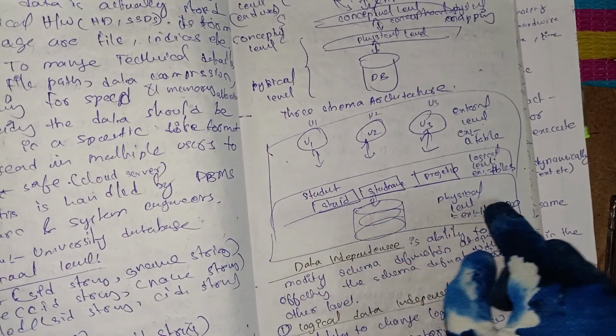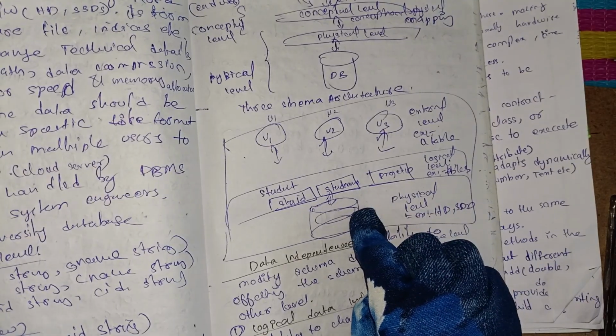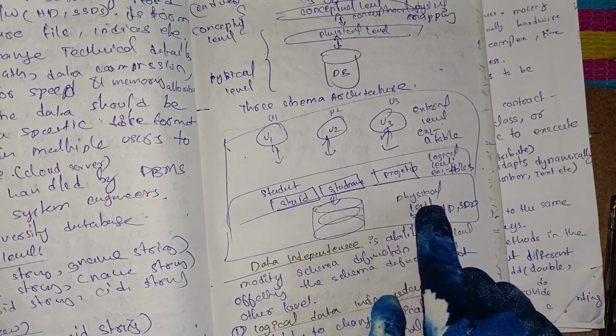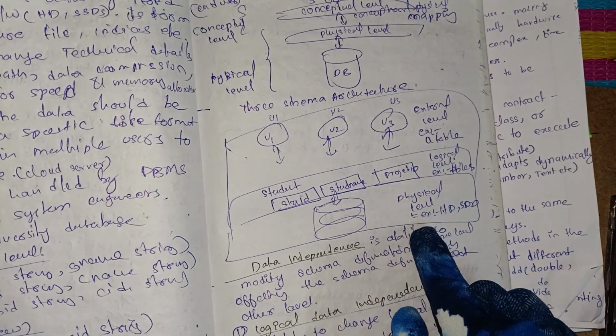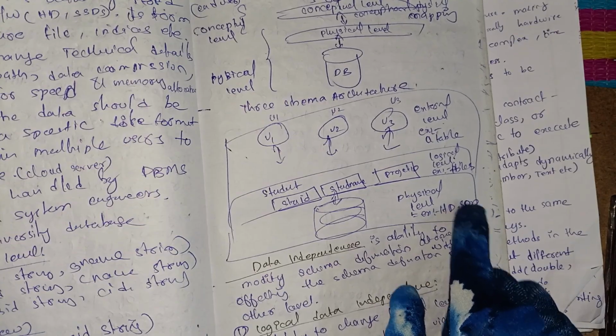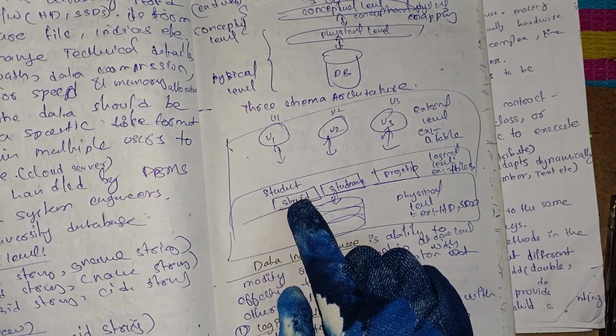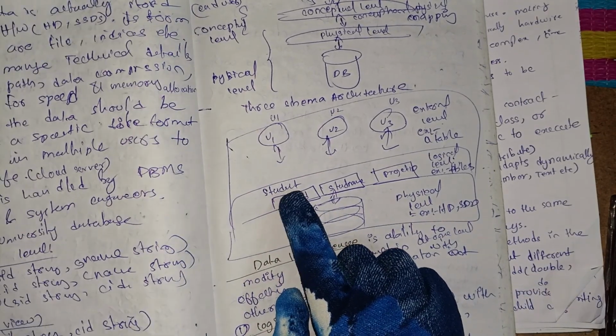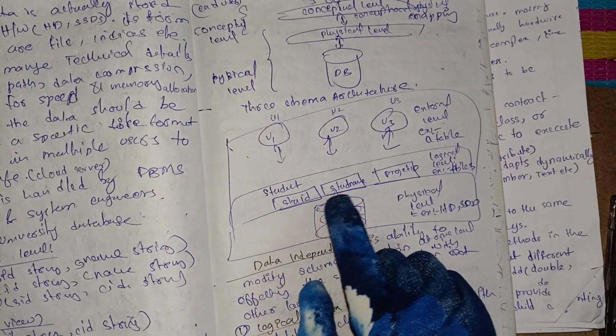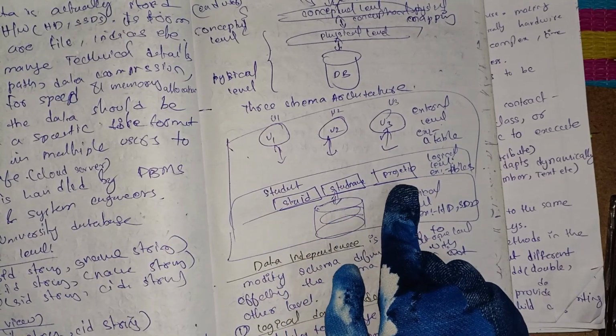It is a database, which is the physical level, a hard disk or SSD, and a student table is there, and the columns are student ID, student name, and project ID.